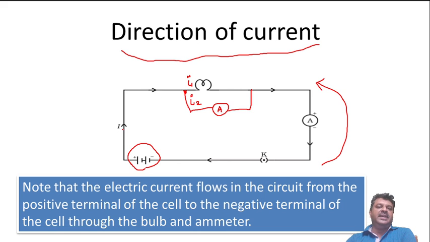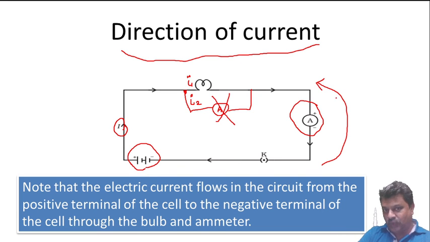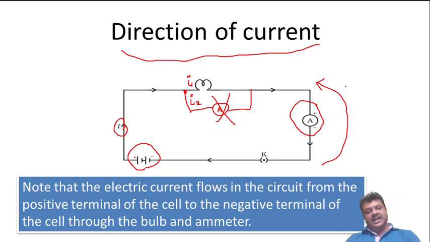I1 plus I2 will be the total current I. But when you want to measure the total current I, you have to connect it in series like this only. Then the whole amount of current coming through the conductor will flow through the ammeter and you will be able to measure properly. If you connect it in parallel, in one branch some amount of current will already escape, which you cannot measure. So you should not connect an ammeter in parallel, you should connect it in series only. So ammeters are connected in series.